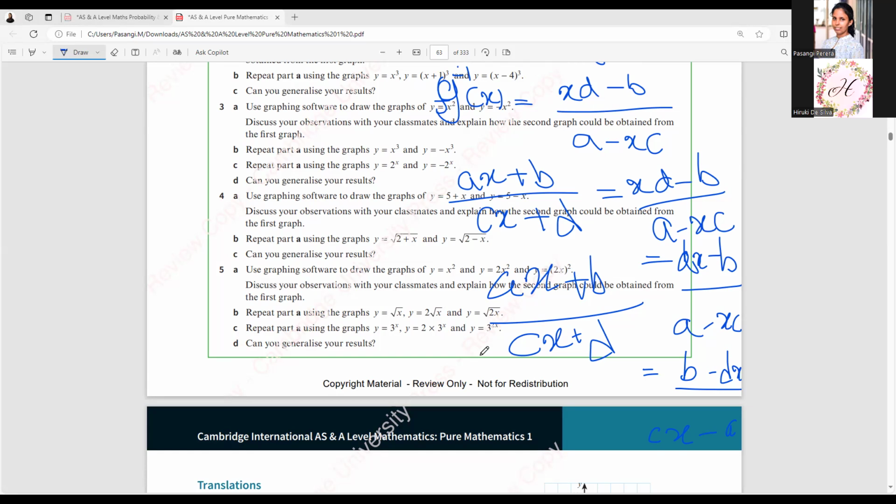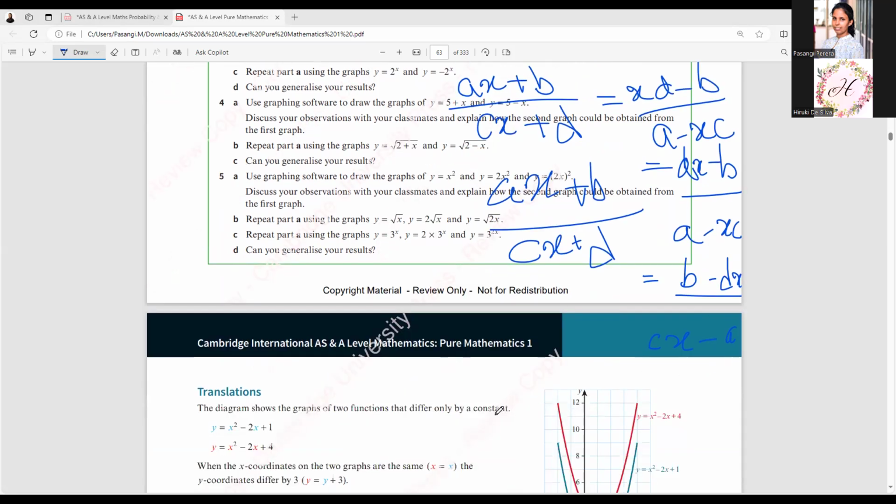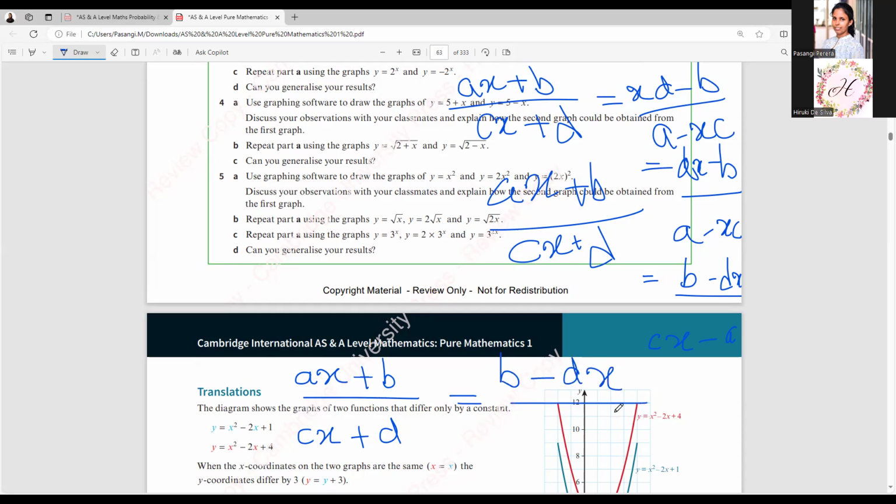Okay. So here what will happen? Now these two are the cases. Then by looking at this, you can see, for the right side, the final one would be ax plus b over cx plus d should equal b minus dx over cx minus a.